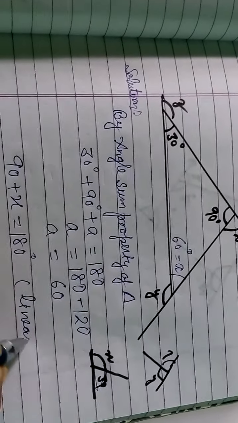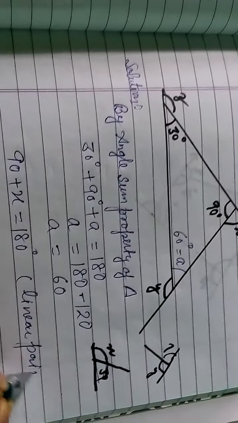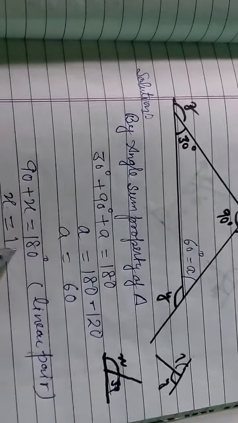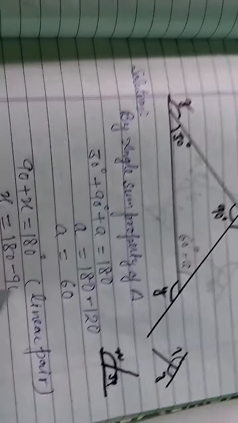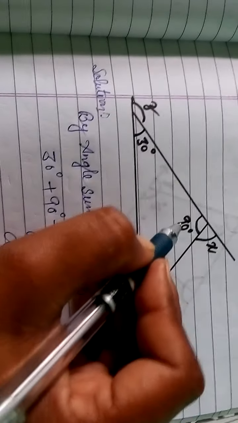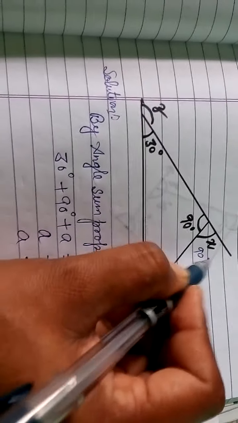Linear pair or straight angle, whatever you find easy, you can write that. So the value of X will be 180 minus 90, which is equal to 90 degrees. Very simple.